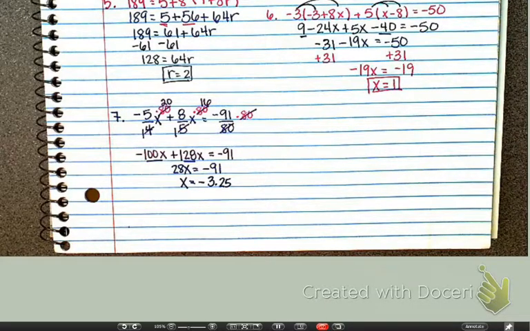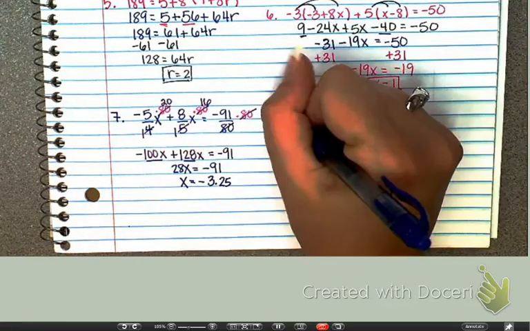I'm going to give you a problem, and I want you to work with your group to get rid of the fractions and to solve.